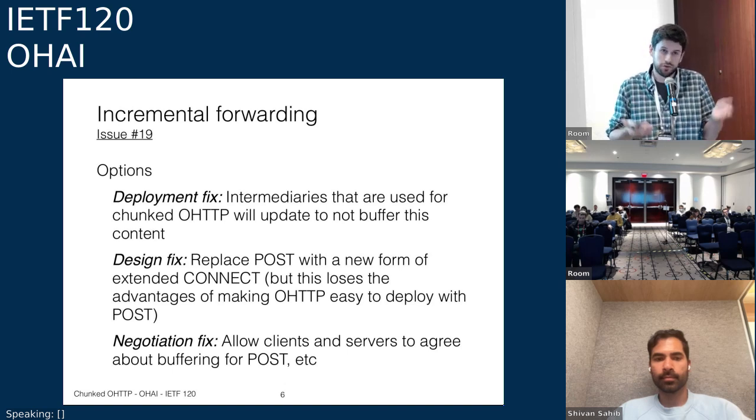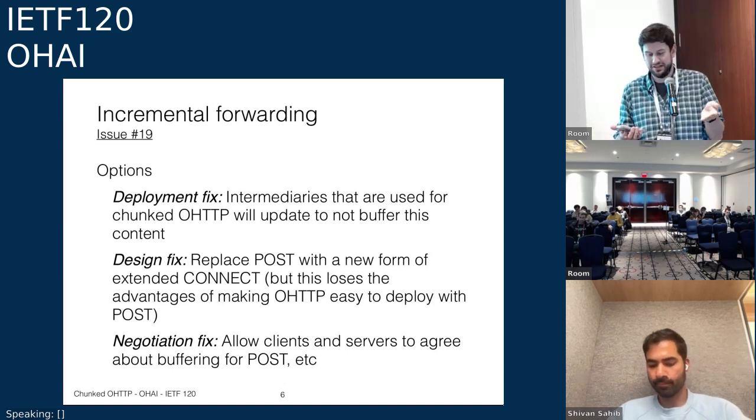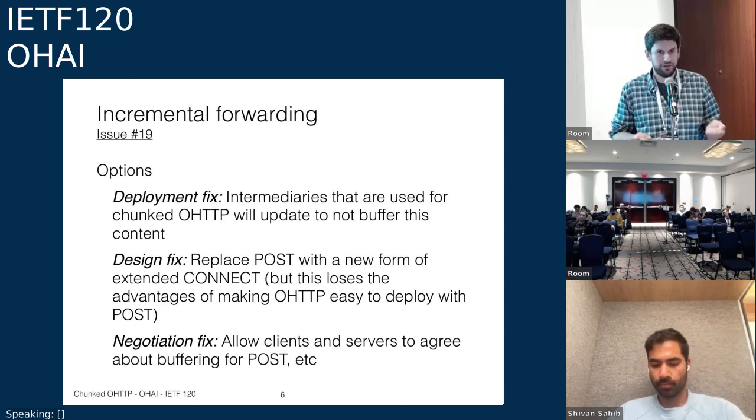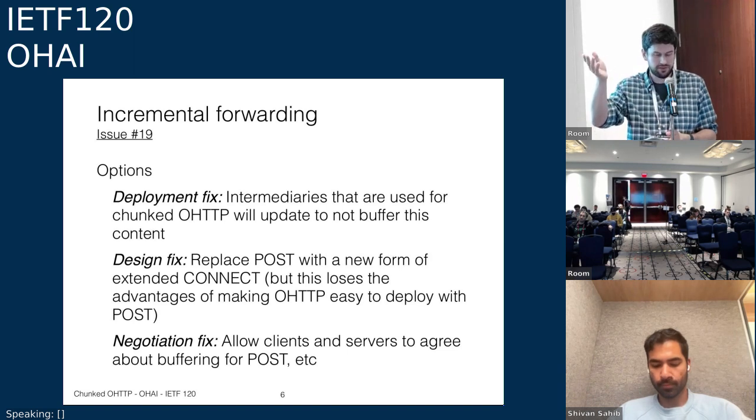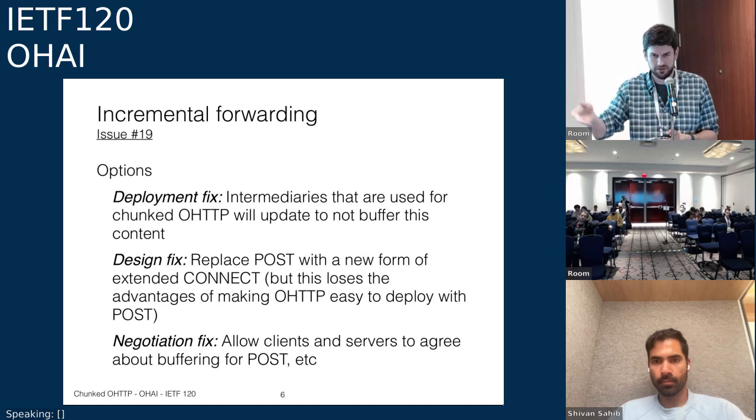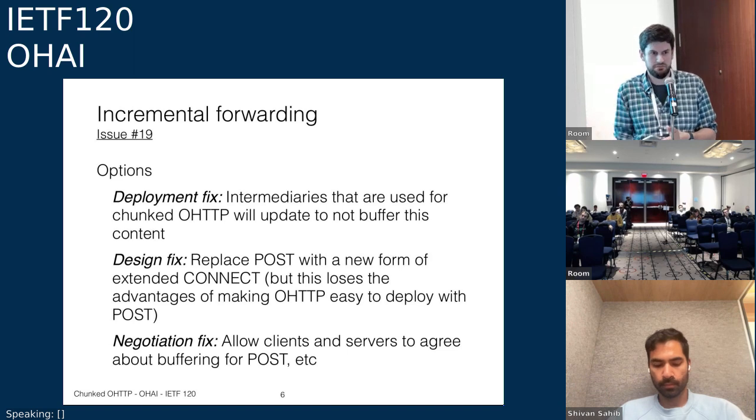If you know you are going to be used as a chunked OHTTP relay, you should not be buffering those POST messages. So those intermediaries that are being used for this get updated. We could just give some advice in the document and say, if you want this to be effective, don't buffer. And if you have a deployment that is buffering, you just ask them to stop doing that.